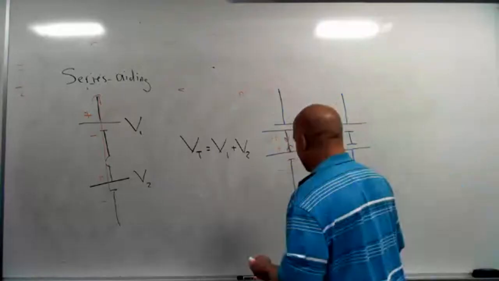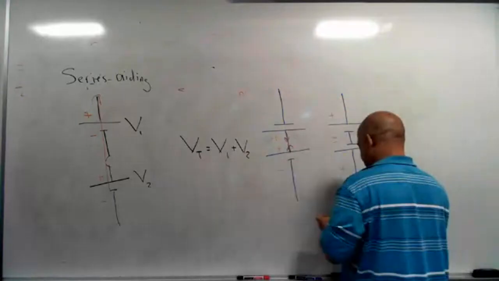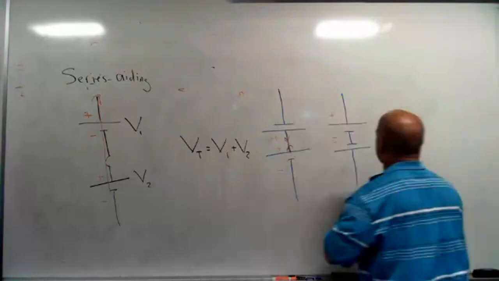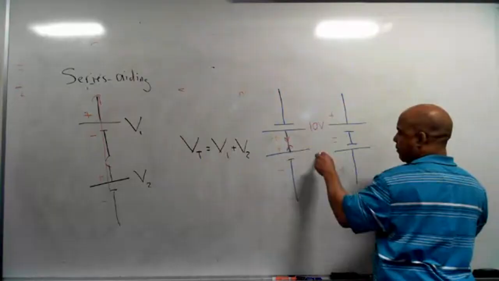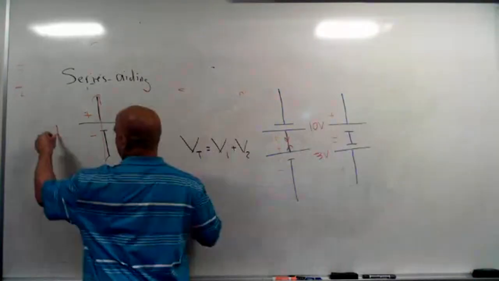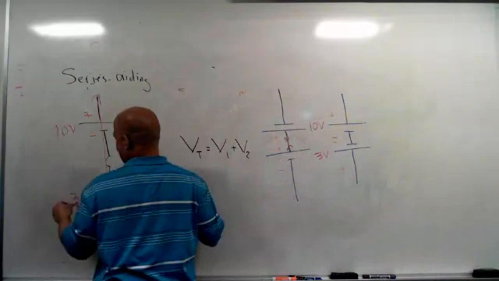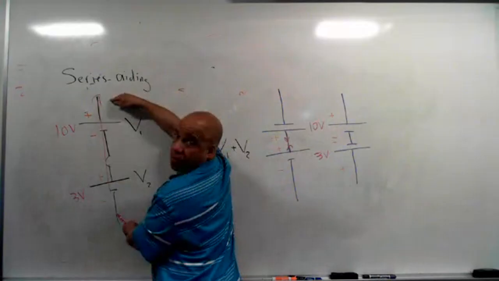If I think about voltages though, instead of having this situation, let's say that this top battery was 10 volts and the bottom battery was 3 volts. Well, over here, if this is 10 volts and this is 3 volts, if I measure from here to here, series aiding, I'm going to get 13 volts.